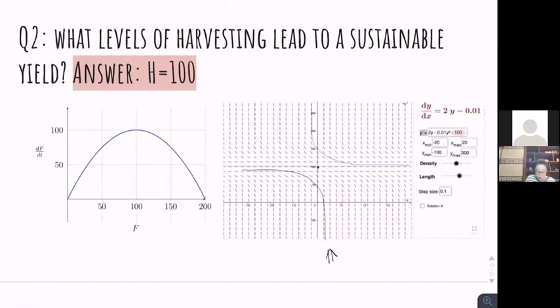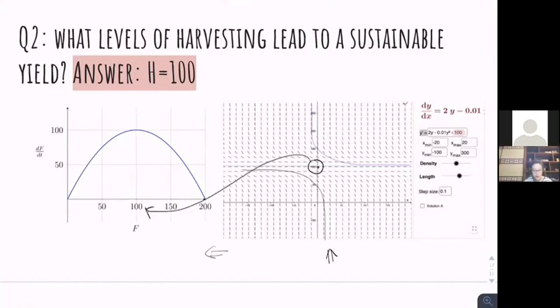So let's go back to the first graph. Look at this one. When 100 fish are harvested, which means there will be 100 fish remaining in the pond from here to here.